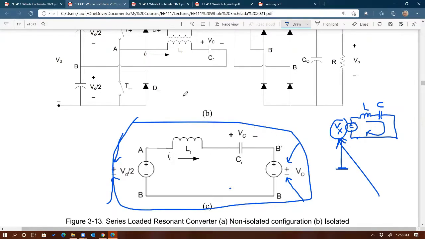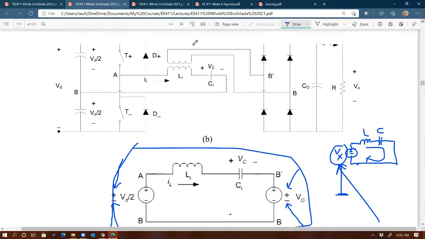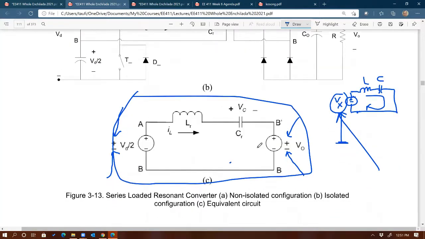But now, since D plus is conducting and we have negative current, as we already know, the output voltage to this tank, B prime to B, flips to minus V out.